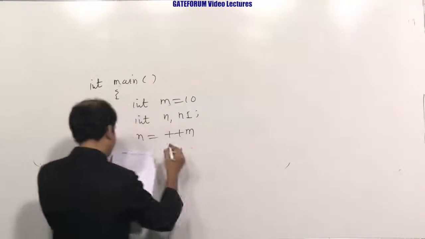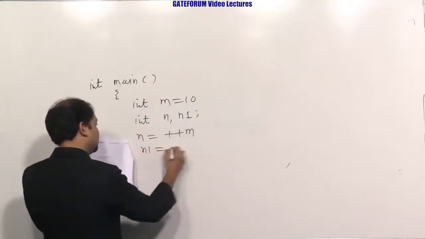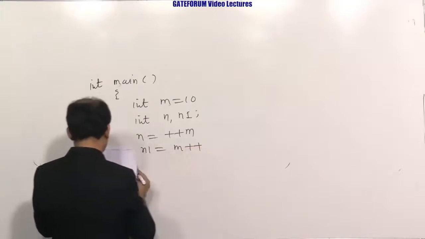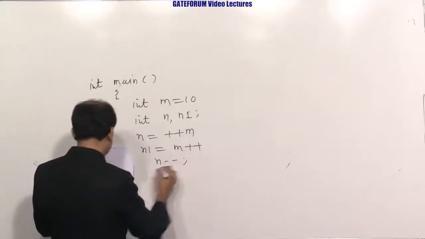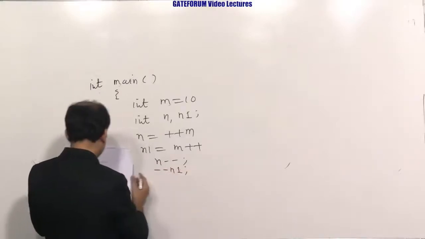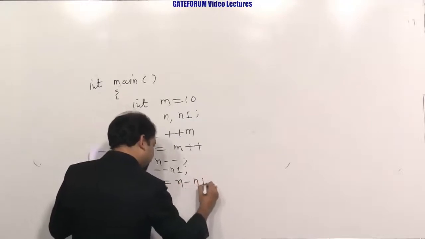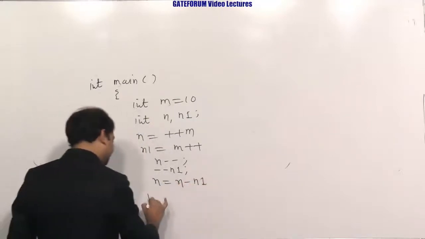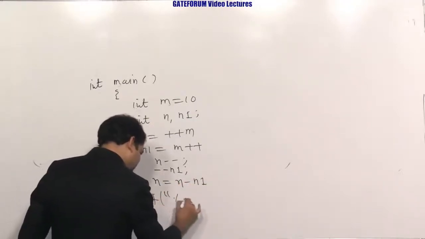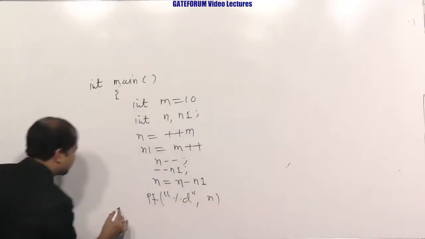So let me write first, n1 equal to m++, then we have n--, we have --n1, right, and then we have n equal to n minus n1, and printf %d n. This is the question.